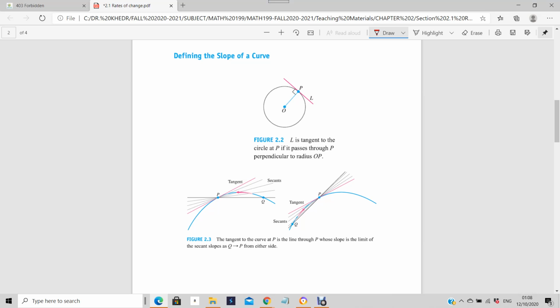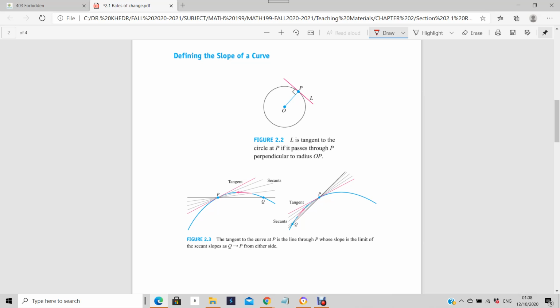For the circle, if we have a circle like this, the tangent line, which is here the line L, we call it the tangent line. So this tangent line to the circle at point P is the line that passes through the point P perpendicular to the radius of the circle OP.